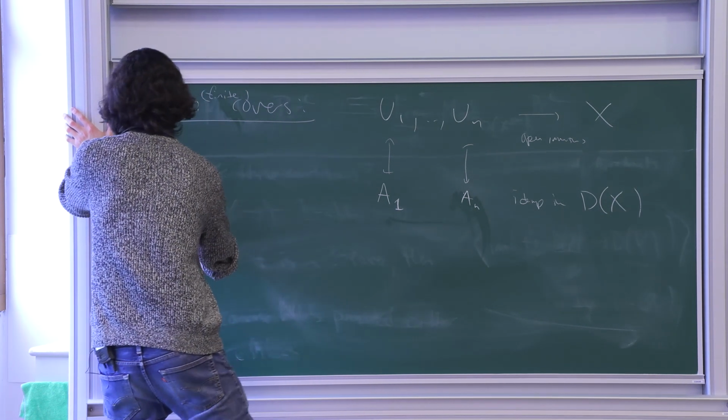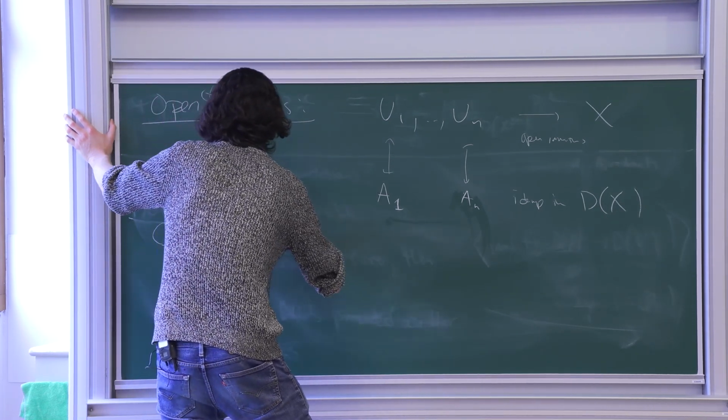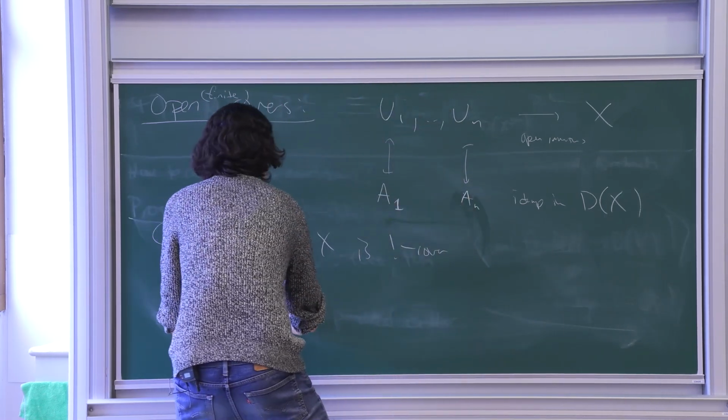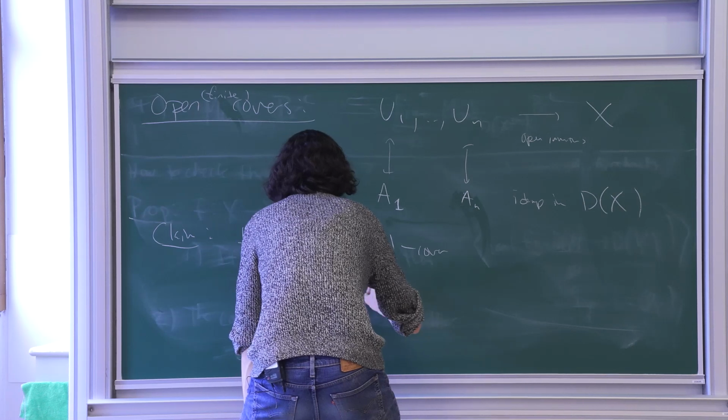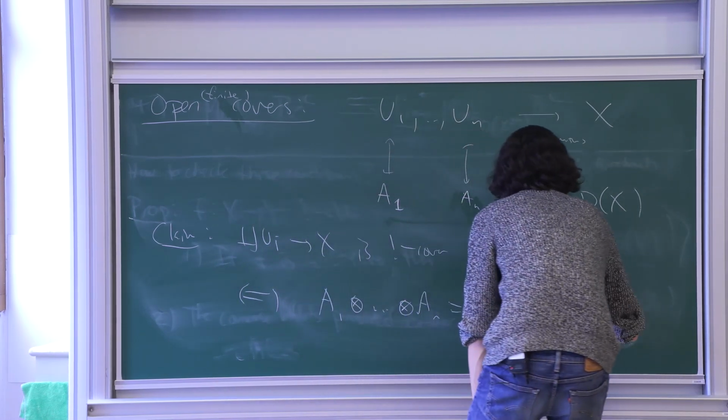So the claim is that the disjoint union of the Ui mapping to X is a Schritt cover if and only if A1 tensor ... tensor AN is equal to 0 in D of X.